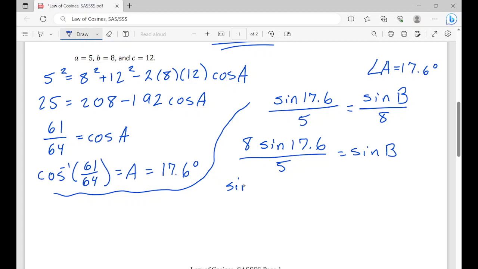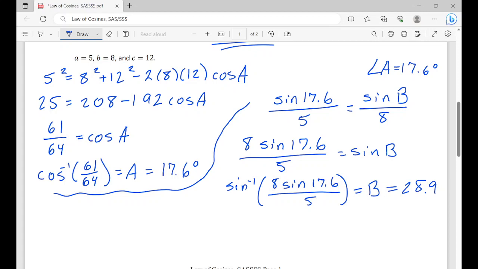Arc sine of 8 sine 17.6 over 5, which will be B. And plugging this into your calculator, we would end up getting 28.9.